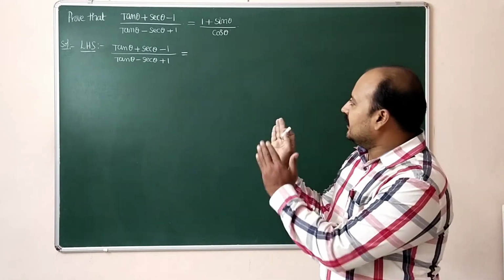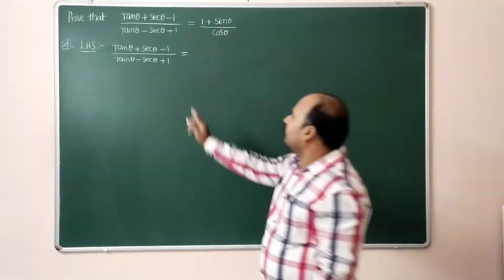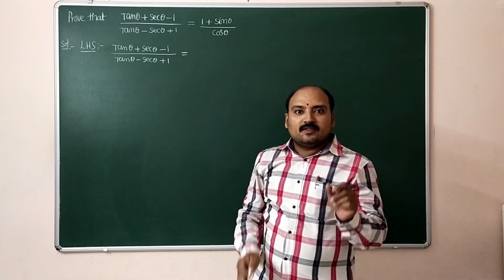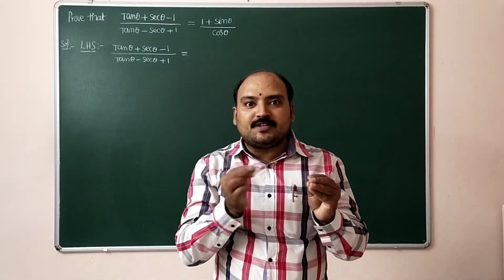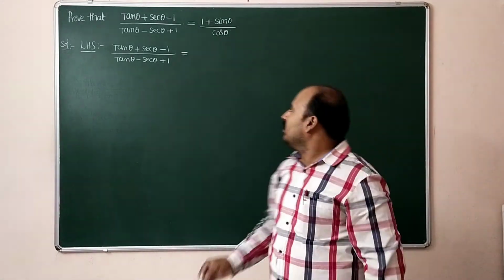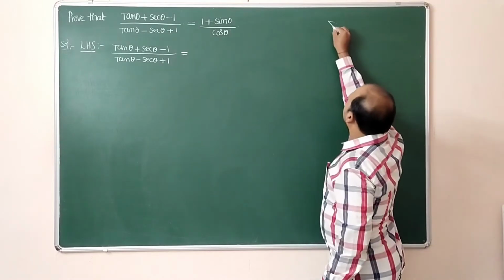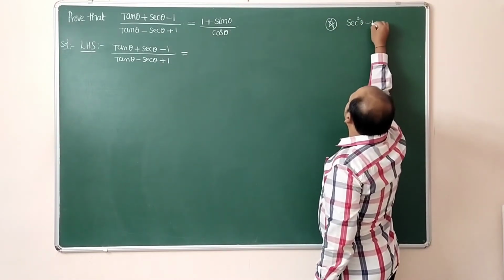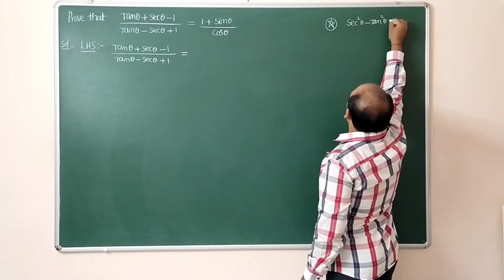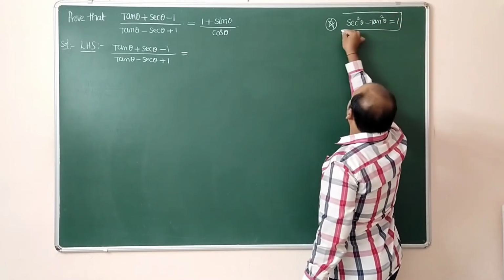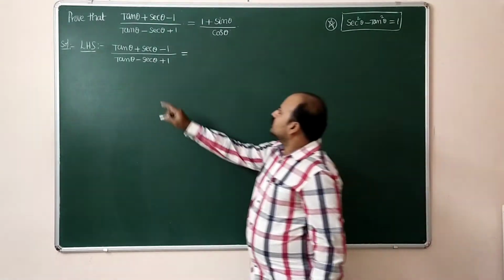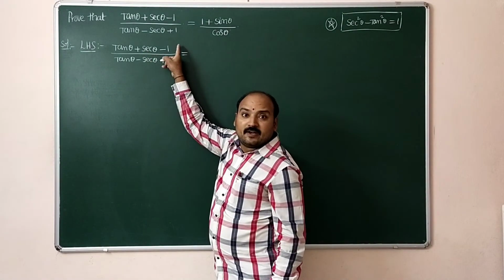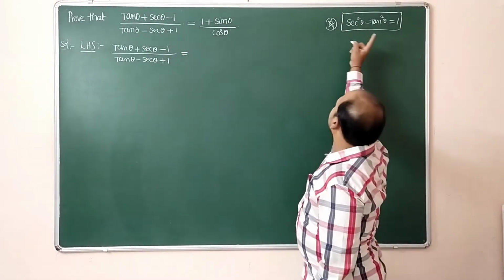After considering LHS, in the numerator, in place of 1, the relation between tan theta and secant theta, the identity is there. So we have that identity: secant square theta minus tan square theta equals 1. So in place of numerator 1 here, you have to replace with this value.